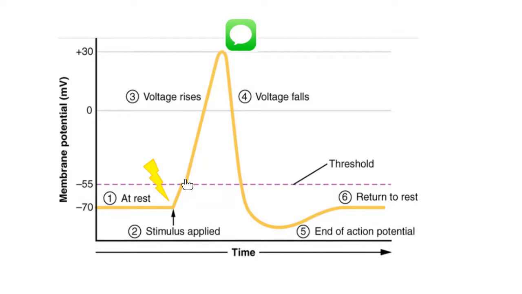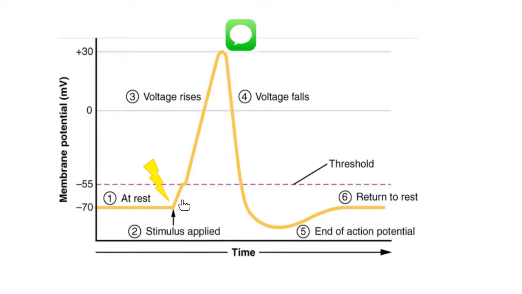So when we get to threshold, we still need our membrane charge to go up. What was the ion, again, that helped my membrane charge to go up or get more positive? Yeah, Kira's right. She mentioned sodium. Sodium is what I use to depolarize, or make my membrane charge get more positive.